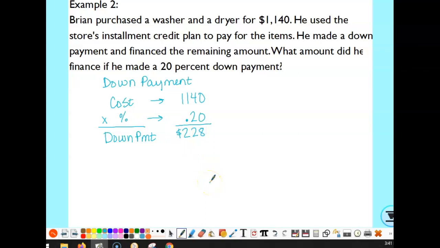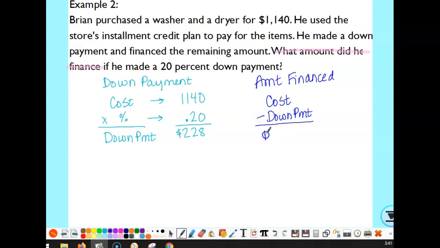Now what they're asking us is what amount did he finance if he made a 20% down payment? Basically, what amount did he have to borrow, or what amount does he have left to pay after he pays the 20%. To find the amount financed, we're going to take the cost of the item minus the down payment.